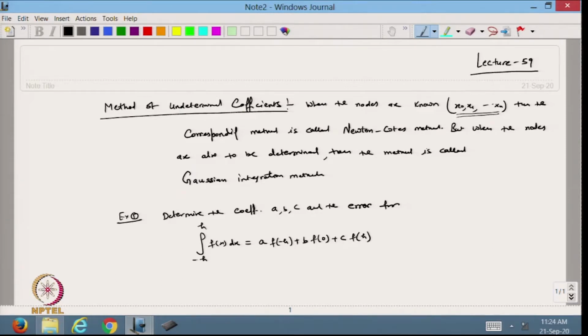Here we have some domain, where this is my 0, this is my minus h and this is h. Some function is defined, and I want to do the integration.